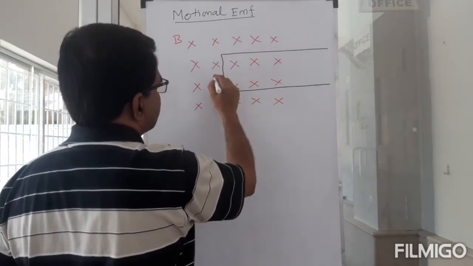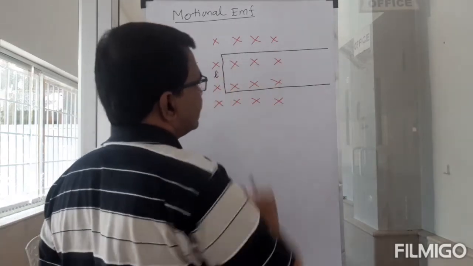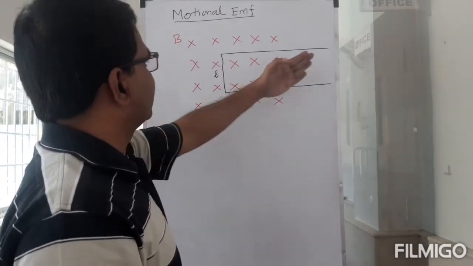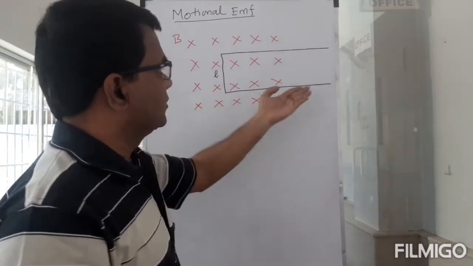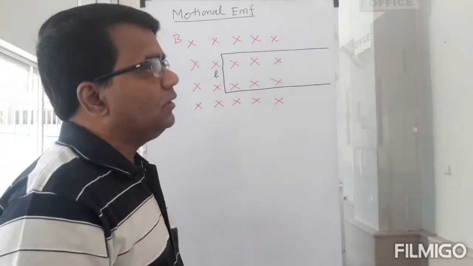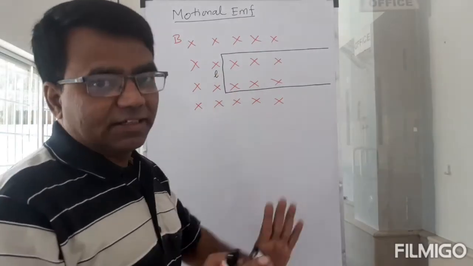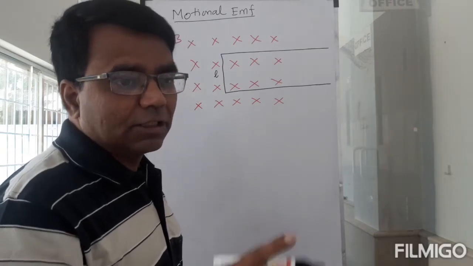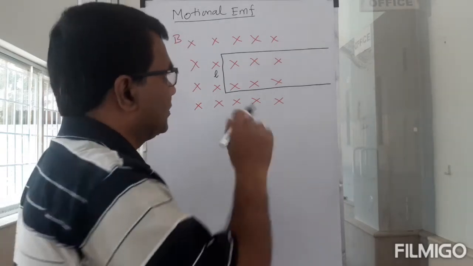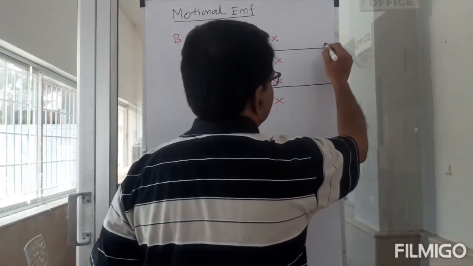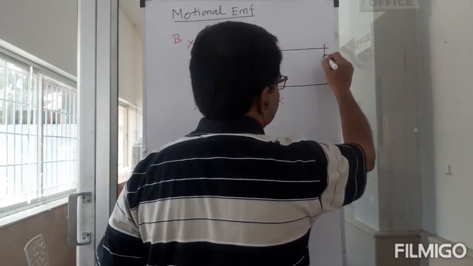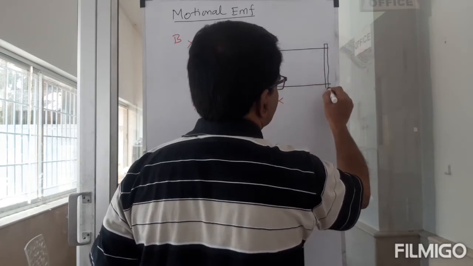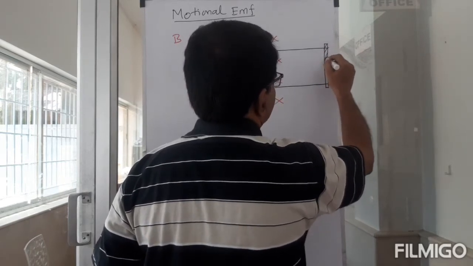The distance between the two rails is L. Now it forms a U-shaped conductor. On top of these rails, I am going to have another conductor, a metal rod, but it's a sliding rod. So this is the rod.